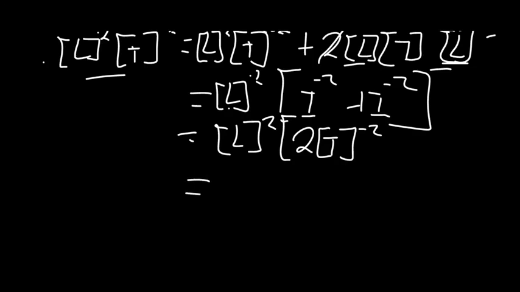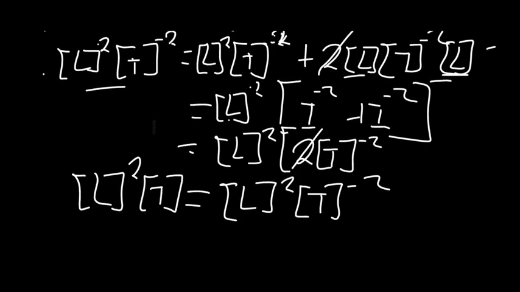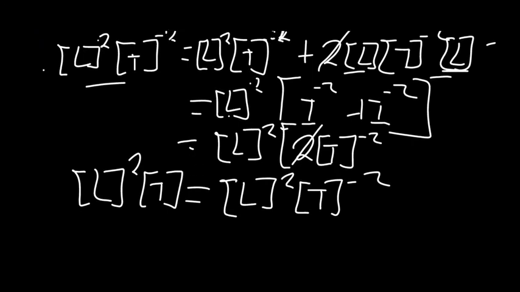Because it is dimensionless, we can cancel. So the 2 is not necessary, because our interest is the dimensions. So you can see that this is equal to that. This is equal to that.